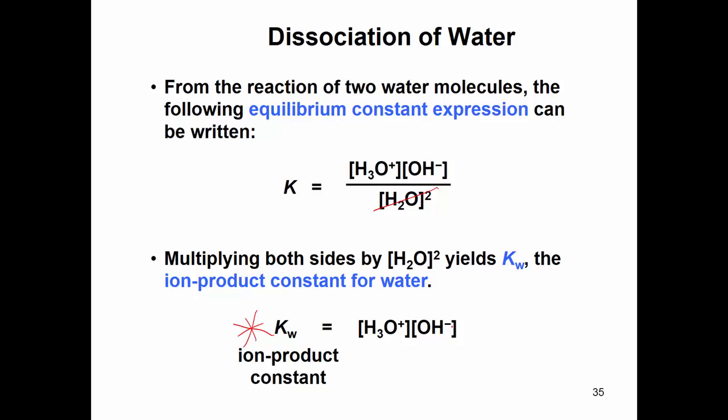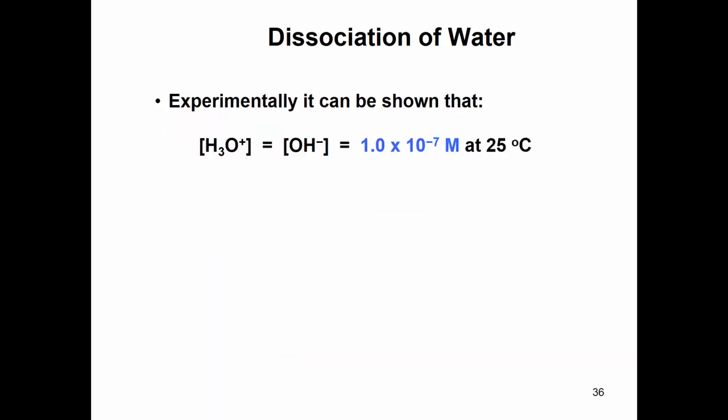All right, so through experimentation with water, we know what these concentrations are. Since water is reacting with itself, we're going to have equal concentrations of hydronium and hydroxide, right? Because neither one's more acidic or basic, because they're reacting together and they're the same molecule, water.